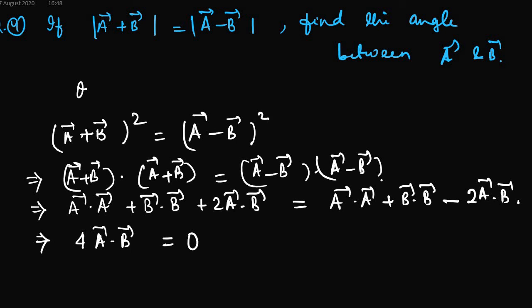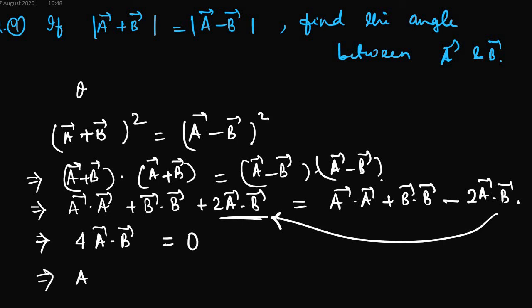So 4 remains, in the LHS 2 A dot B, and then minus 2 AB, that remains, it becomes 4 A dot B, 4 A dot B becomes 0. Okay, all the rest plus minus cancel. This one, this one, this one, this one. So plus minus cancel. What remains? 2A dot B plus 2A dot B equals to 0.